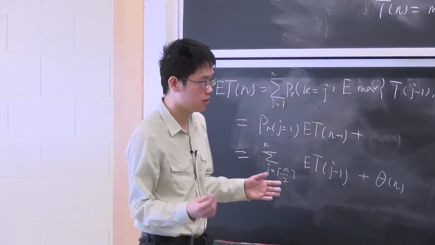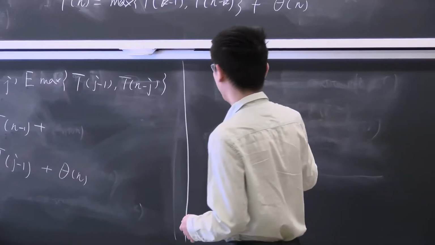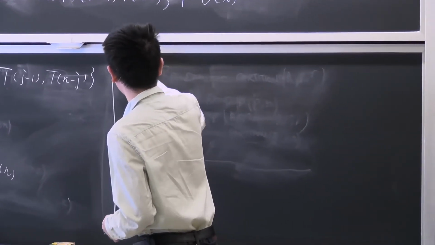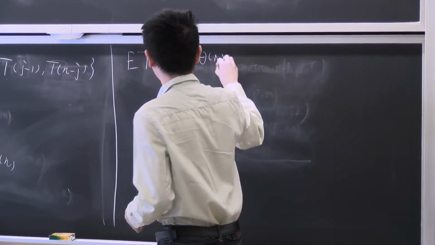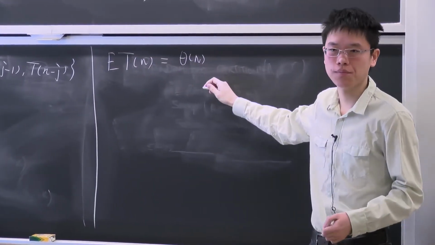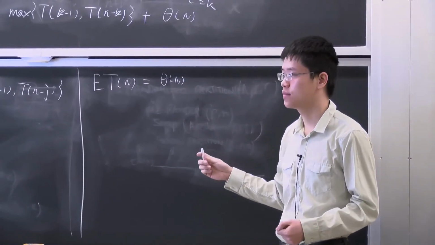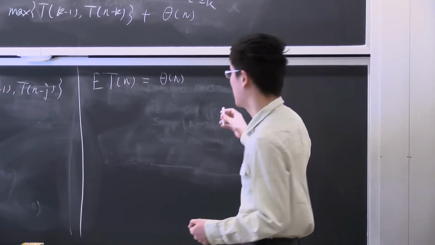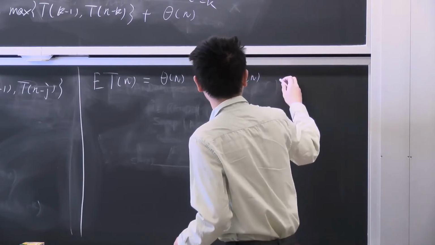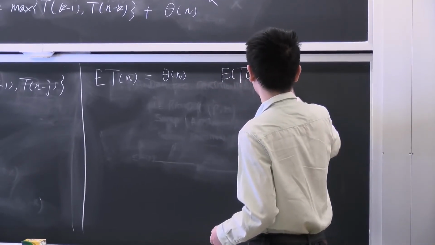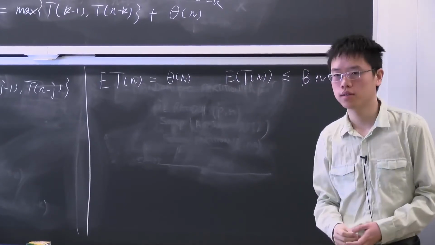I don't need to guess in this case because I know it's O of n. So let's just assume our expectation of T of n is theta of n. What does that mean again? It means I can find some constant such that this expectation is bounded by a constant times n.